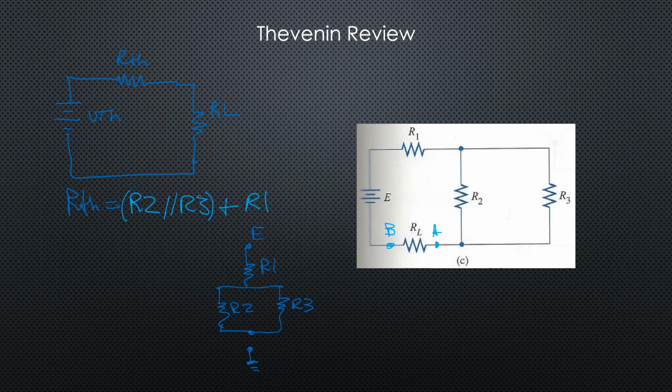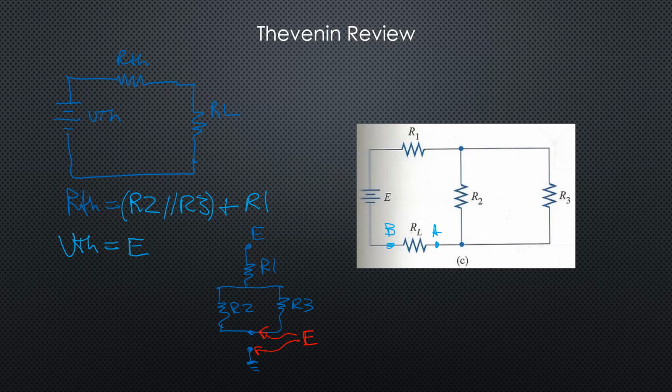If we have a break in the circuit from here to here, we know that there's no circuit current, so if we Kirchhoff back, we see that the voltage seen from those 2 points would actually be E. So we know that V Thevenin is equal to E in this circuit.